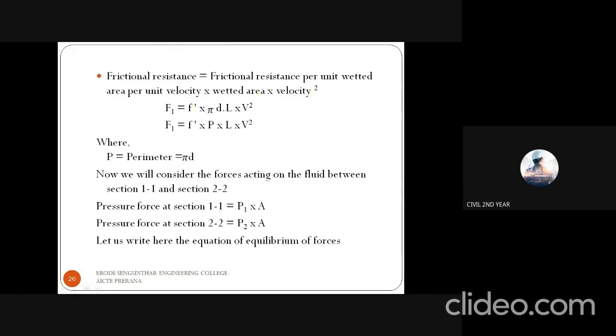So F1 is equal to f dash into pi d L into V square. Here pi d is the perimeter, which we replace as P. So F1 equals f dash into P into L into V square, where P is the perimeter, pi into D.